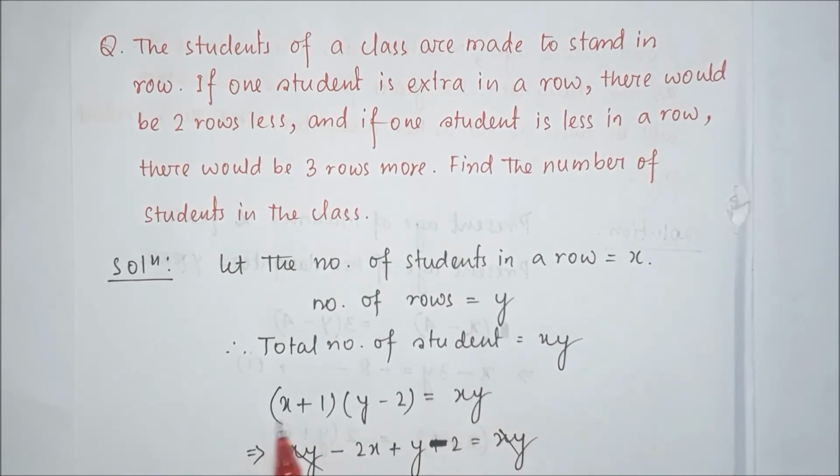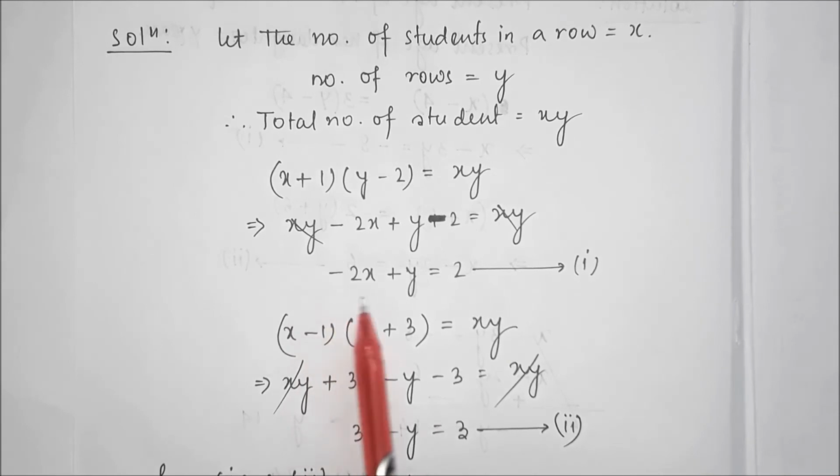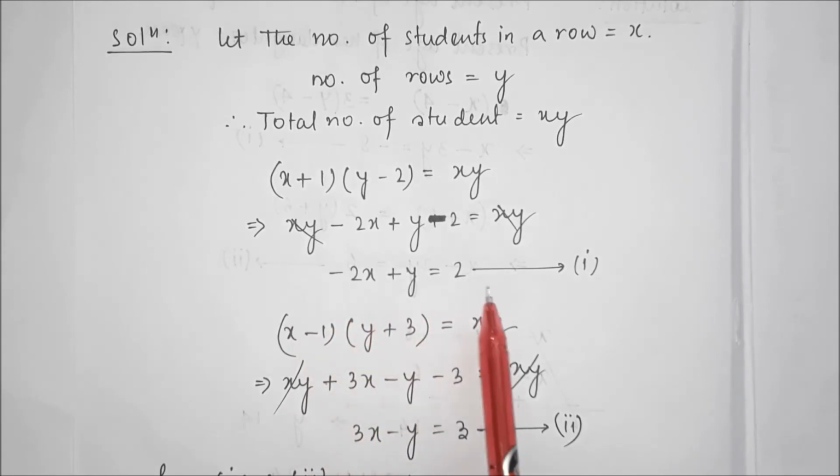So x plus 1 times y minus 2 equals xy. xy cancel each other, so you get minus 2x plus y minus 2 equals 0. This minus 2 will go to the other side, you will get plus 2. So we get our first equation as minus 2x plus y equals 2.